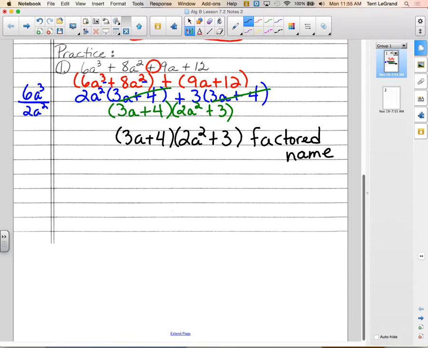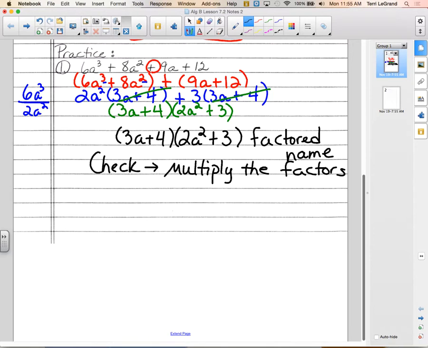Now, because you only have 6 problems to do, you're going to do check problems. Let's go back to the front side, those of you who have moved on, and we're going to check. In other words, we're going to multiply the factors. How many ways do we know to multiply binomials?